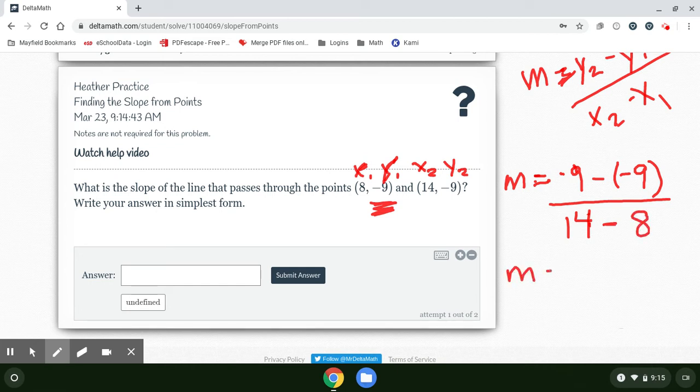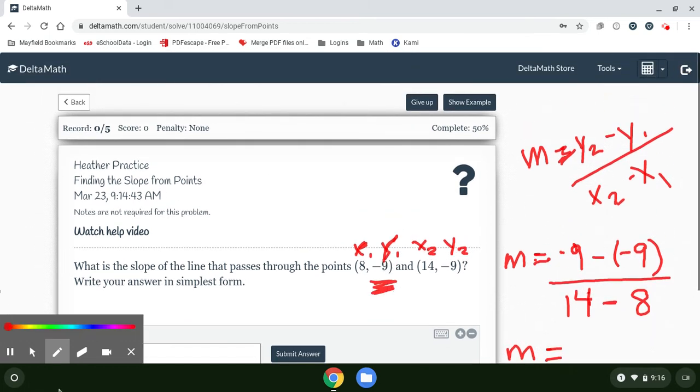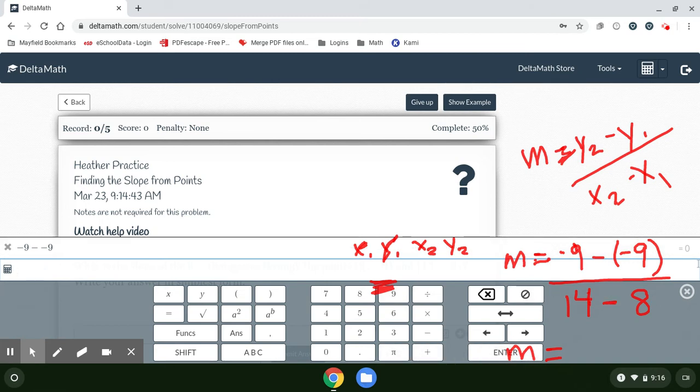So now I actually have to do that, which I can do on my calculator if I need to. So I have negative 9 minus negative 9. If I go up and click on my calculator, I can type in negative 9 minus negative 9. And what's negative 9 minus negative 9? It's 0. So then I'm also going to do 14 minus 8.